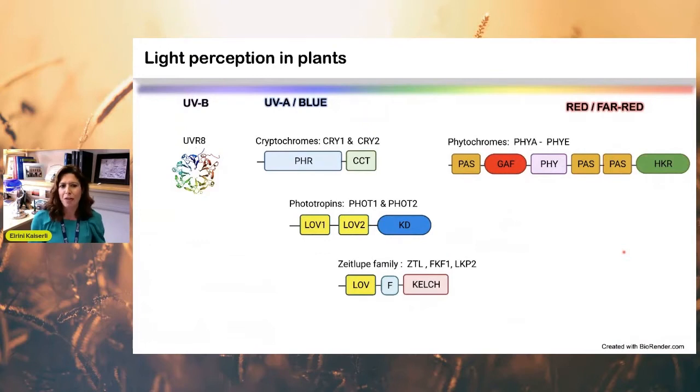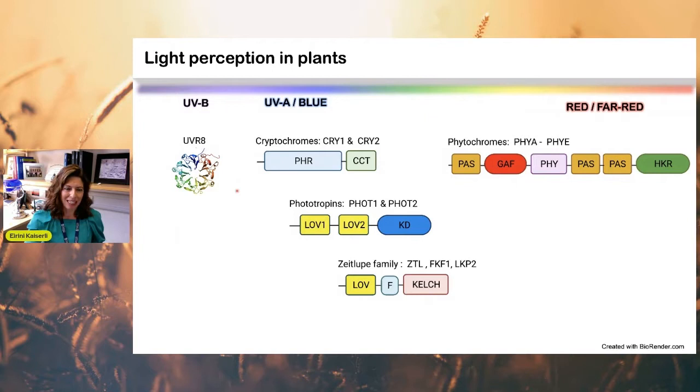And that's why they have evolved very different photoreceptor systems compared to animal rhodopsin-based visual systems. In Arabidopsis and in plants in general, there are 5 main photoreceptor families. Starting from the shorter wavelength, which is also the more harmful because it has the higher energy content, UVB is perceived by the UVB receptor, which is UVR8.